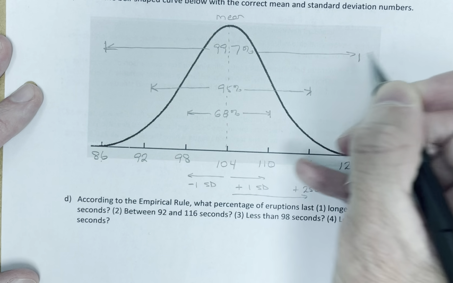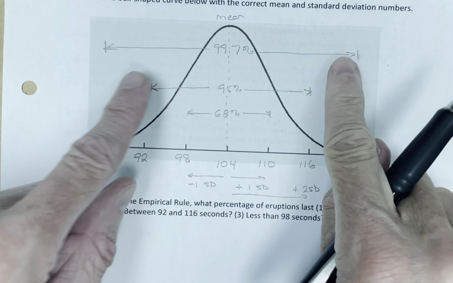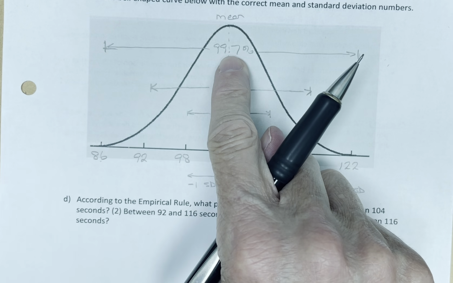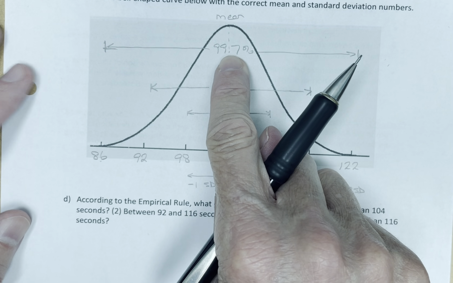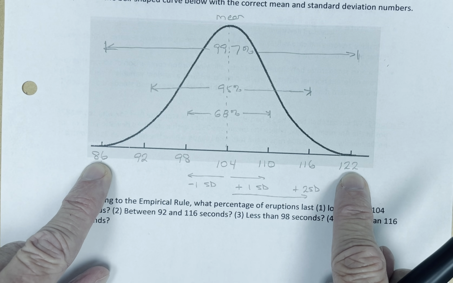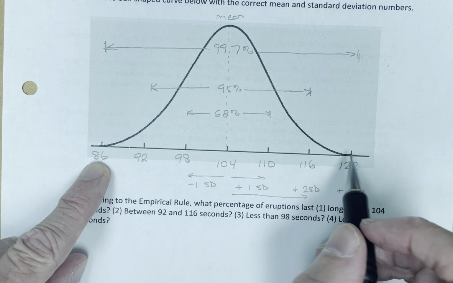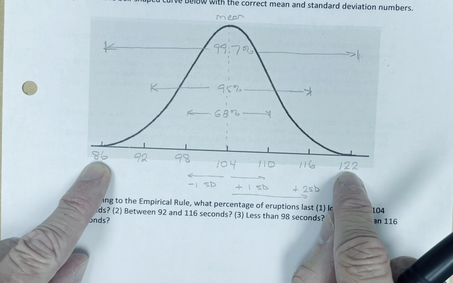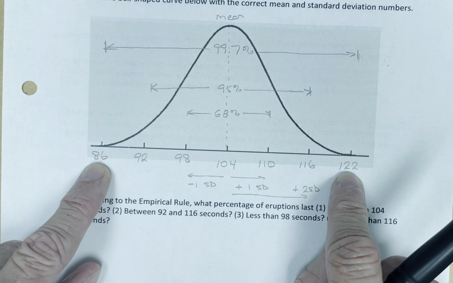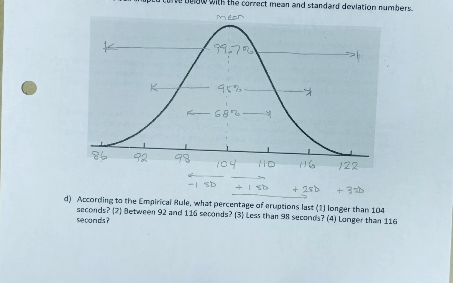That's pretty good. 99.7% of our eruption times are between 86 seconds and 122 seconds. And again, that's almost everything. This goes on forever, so you're never going to get 100% precisely, but 99.7% gets us pretty close.